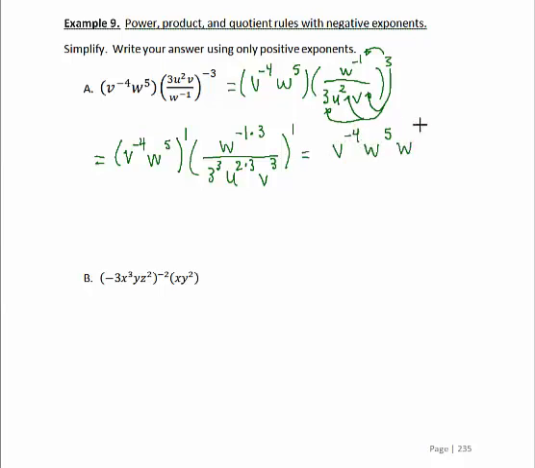We can simply take everything and write it out side by side or within the same fraction. So negative 1 times 3 gives us a w to the negative 3 power. 3 to the third power is 27. U to the 2 times 3 is a u to the 6th power, and then we have a v to the third. Okay, now everything is combined into one product and one quotient.